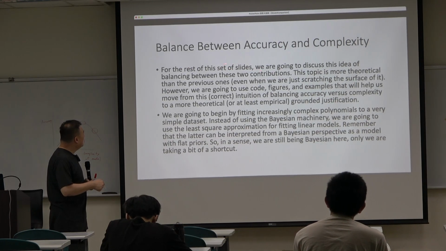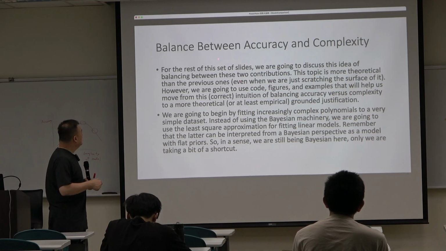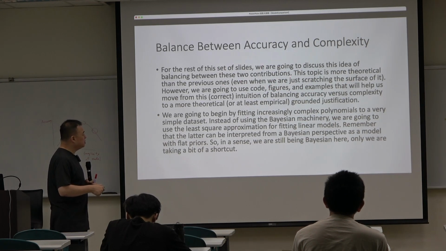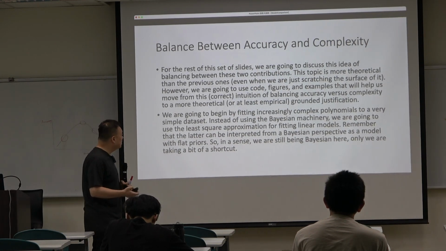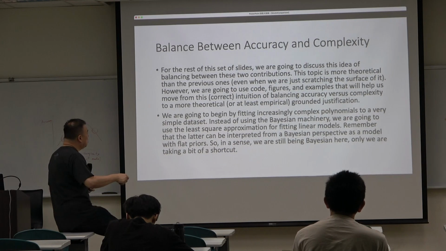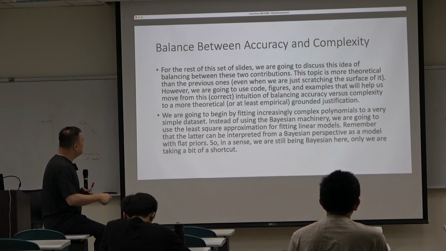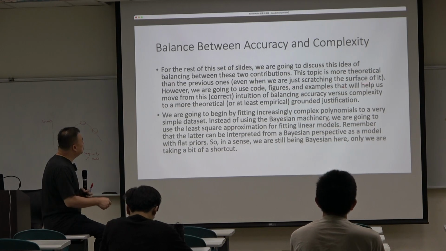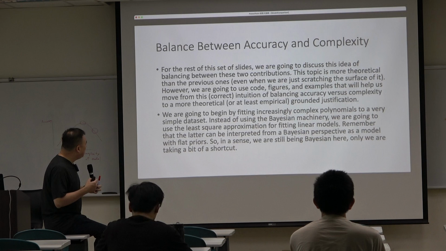We are going to discuss this idea of balancing between the two contributions, the accuracy and simplicity. This topic is more theoretical than the previous one, but we are not going to get into the mathematics part of that.